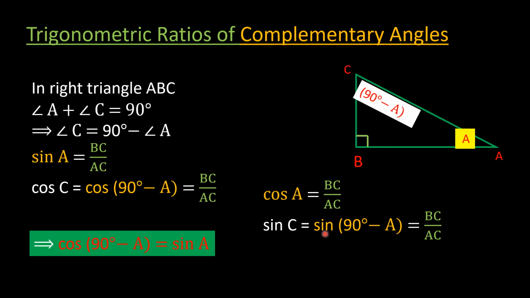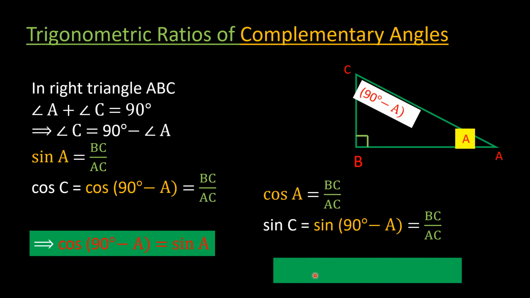Now sin (90 minus A) equals BC divided by AC and cos A equals BC divided by AC. So we can write sin (90 minus A) equals cos A.